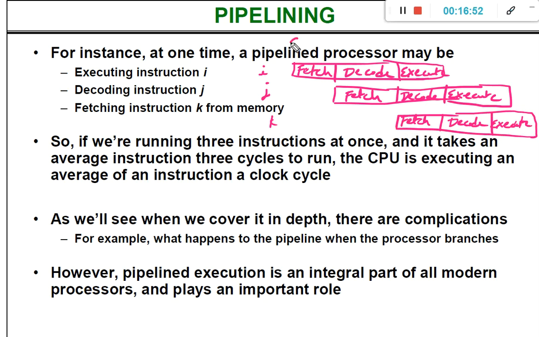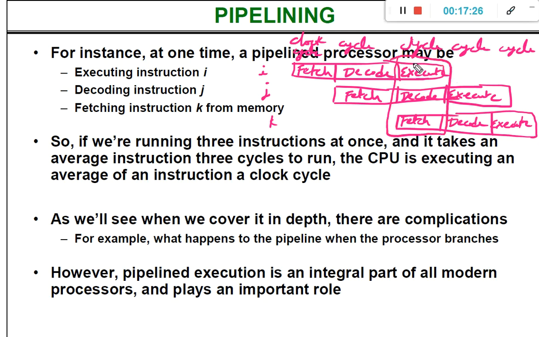This is one clock cycle. This is another cycle. This is another cycle. This is another cycle, and this is another cycle. Here you can see the different phases of three different instructions being executed in the same cycle.